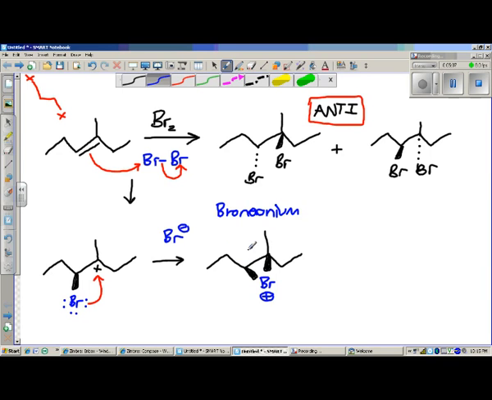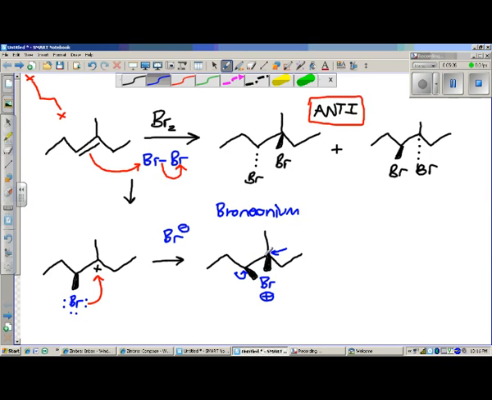Now, you could argue that this bromine is going to attack either this carbon here or this carbon here, because both of these already have 4 bonds and can break a carbon-bromine bond to add in another one.